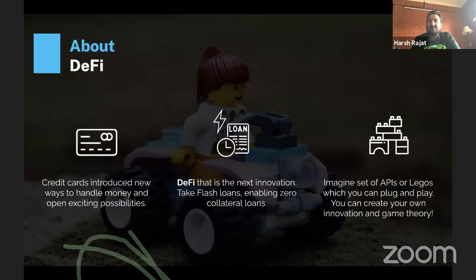And the beauty of flash loans is that because they are built on blockchain, the way it works is that whenever you take these 100,000 dollars as a loan, you are taking this loan in a function call of a smart contract.